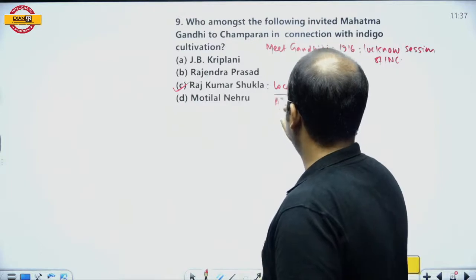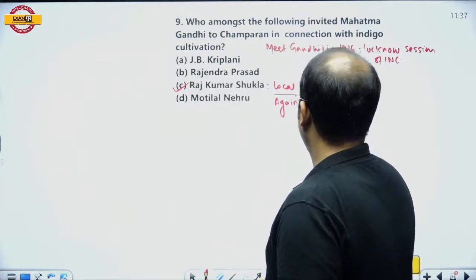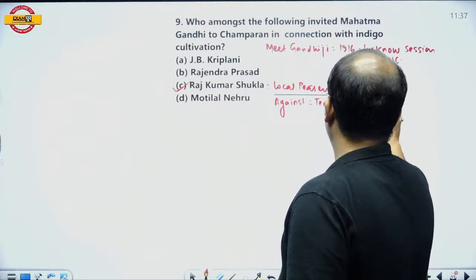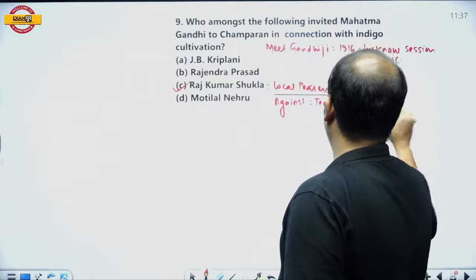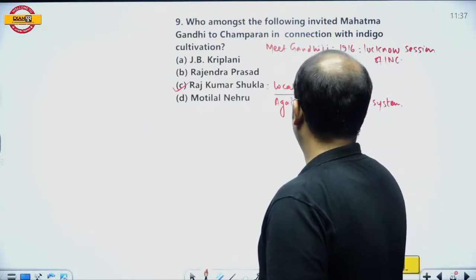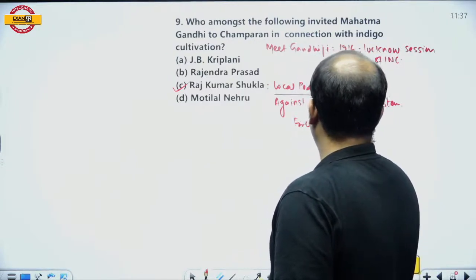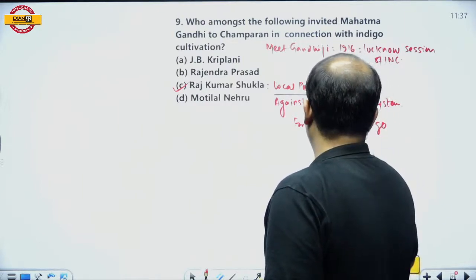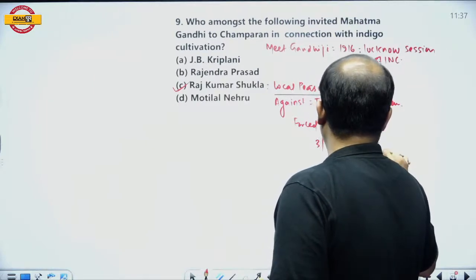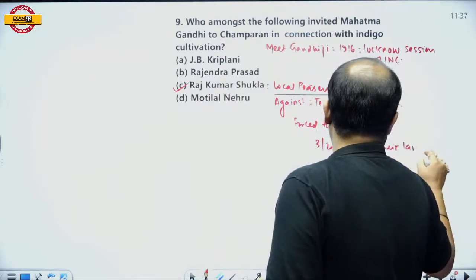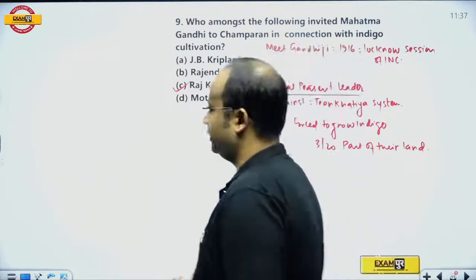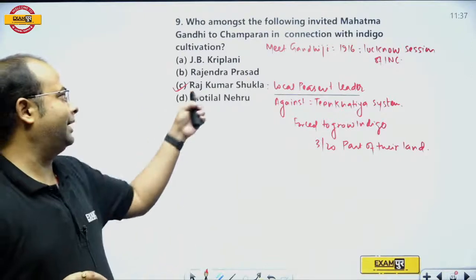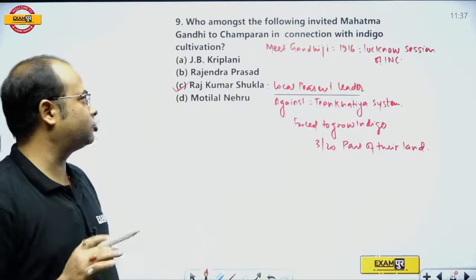Farmers were forced to grow indigo on 3/20th part of their land. So that was the Tinkatia system. So the correct answer will be, guys, option C, that is Rajkumar Shukla.